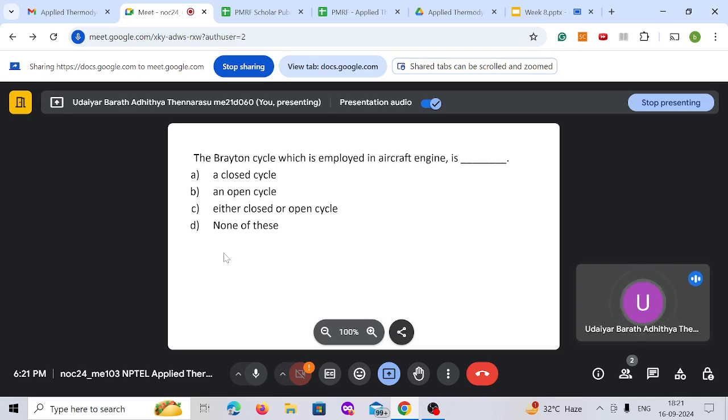So in aircrafts also, this doesn't have a cycle, so this goes as an open cycle. In the wings, you have the compressor, a turbine, and in between a combustion chamber. These three constitute your compression, heat addition and expansion, and after expansion you just dump it out. So this is an open cycle. So the answer is option B, an open cycle.